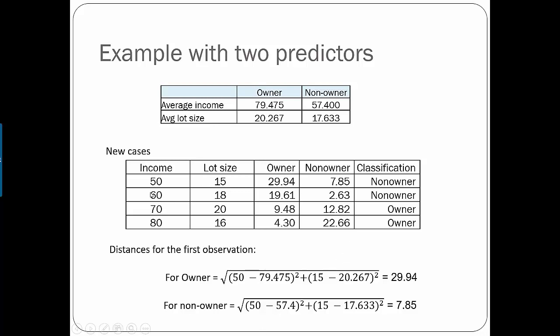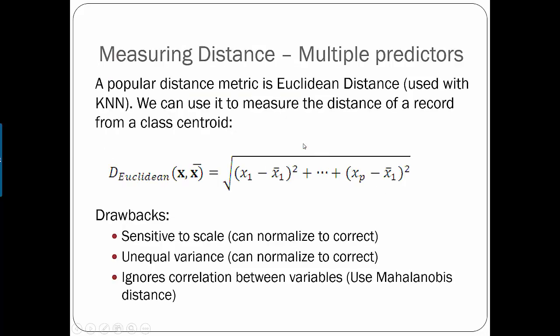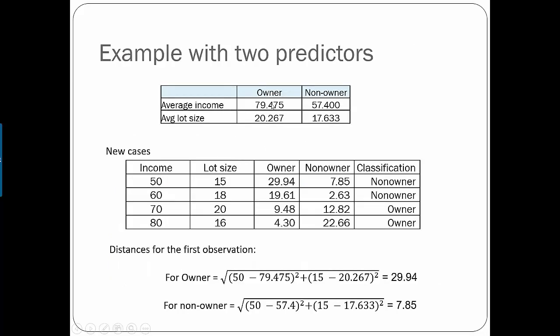You repeat this computation for each of the new cases and compare the distance, and based on the distance you classify them as owner or non-owner. And when you extend this to any number of predictors, so we looked at one predictor and two predictors, now when you have multiple predictors, your vector is going to be much larger than just two.